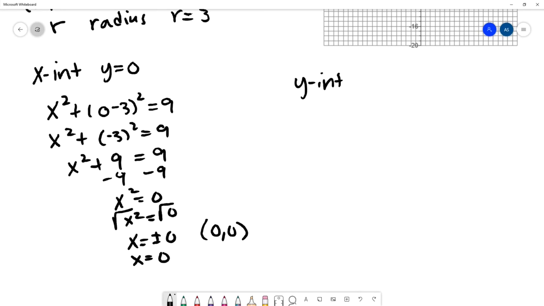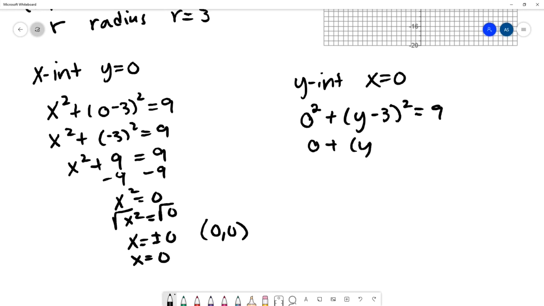Then looking for the y-intercept, we're going to let x equal 0. So substituting a 0 in for x would give us the equation 0 squared plus y minus 3 squared equals 9. 0 squared is 0. And y minus 3 squared plus 0 is just y minus 3 squared.